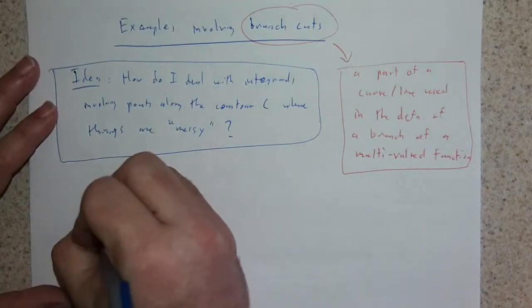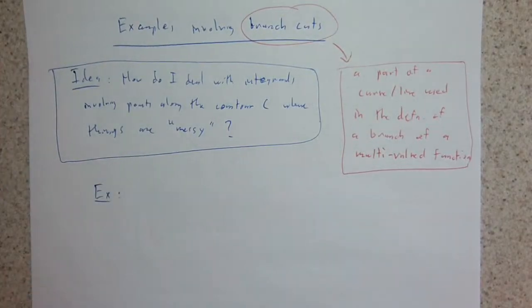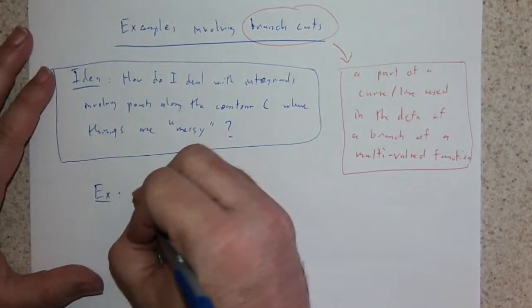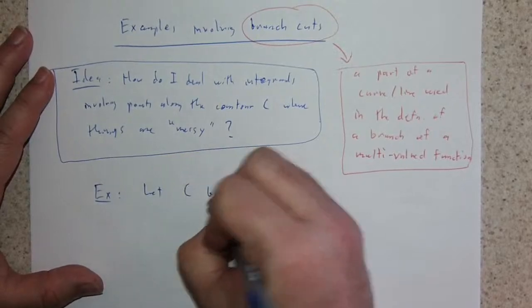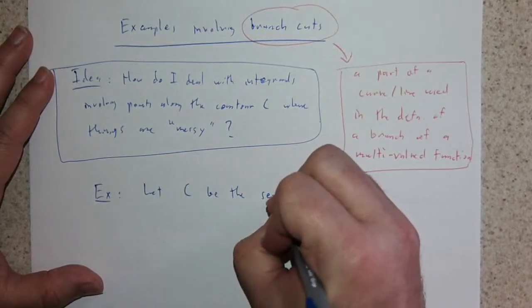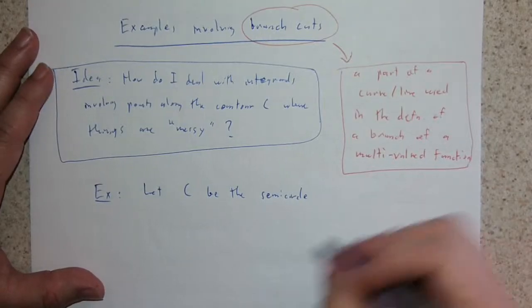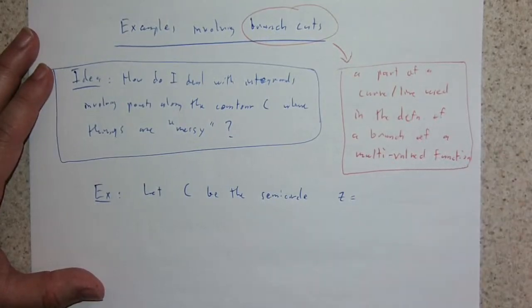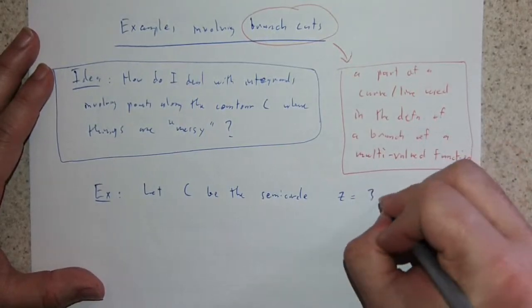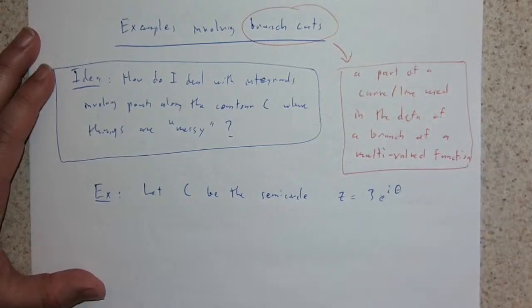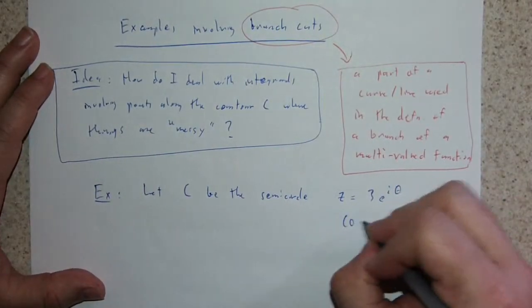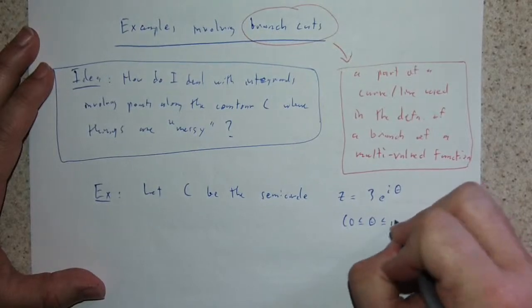So let's do an example. I think I have time for one good example at least. Let C be the semicircle z equals 3e^{iθ}, where θ is between 0 and π.